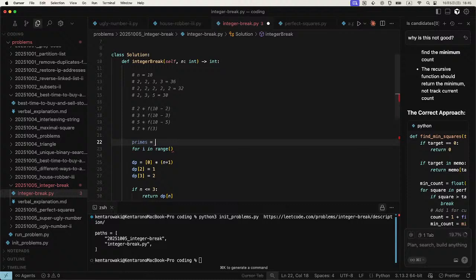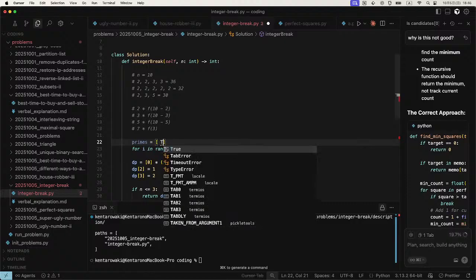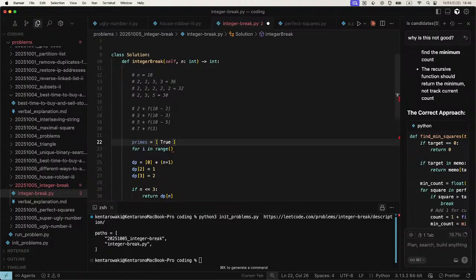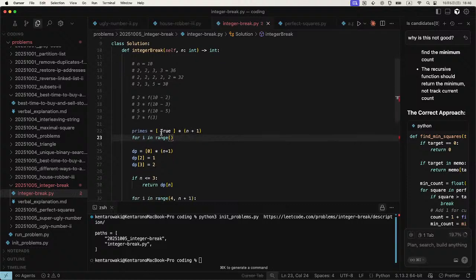We have to generate primes until 58, until the n range. Wait, primes. Primes, 2 times n plus 1. We are going to generate primes early, until n plus 1.